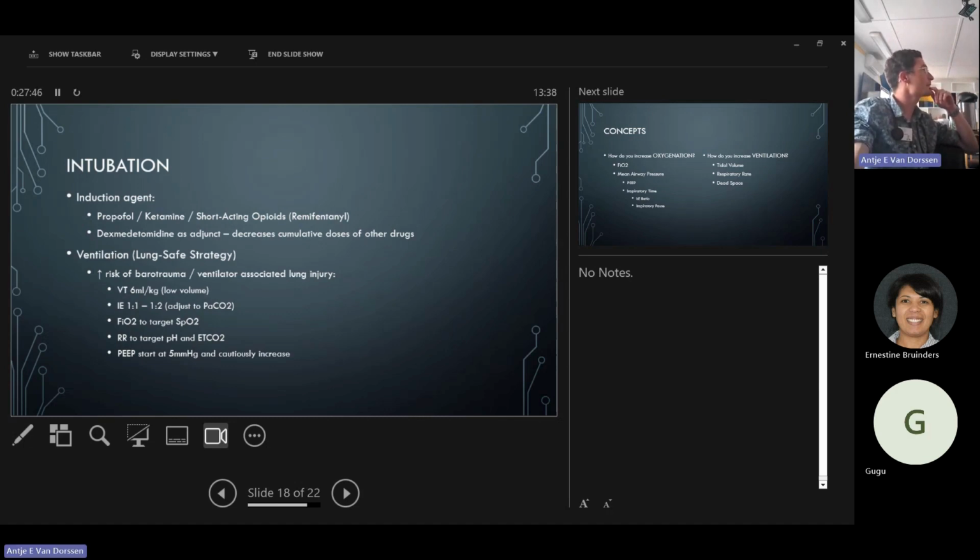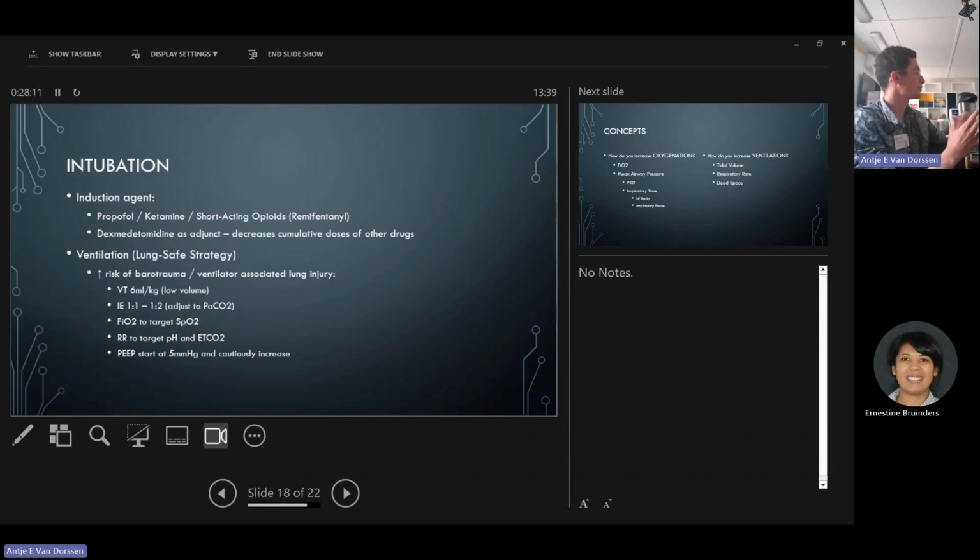So I think the big thing that comes up in these discussions, and it's always a hot topic, is volume control versus pressure control. I think a lot of the time it comes down to what you're most comfortable with as the person managing the airway. If you've got a pressure control scenario, then yes, you can limit the pressure, but you might not get the tidal volumes that you want.